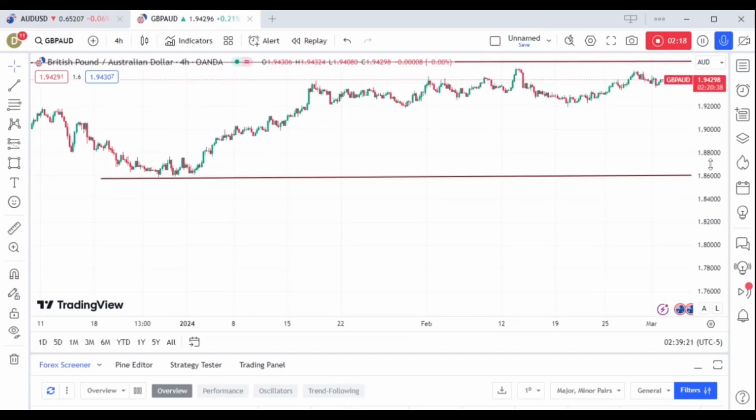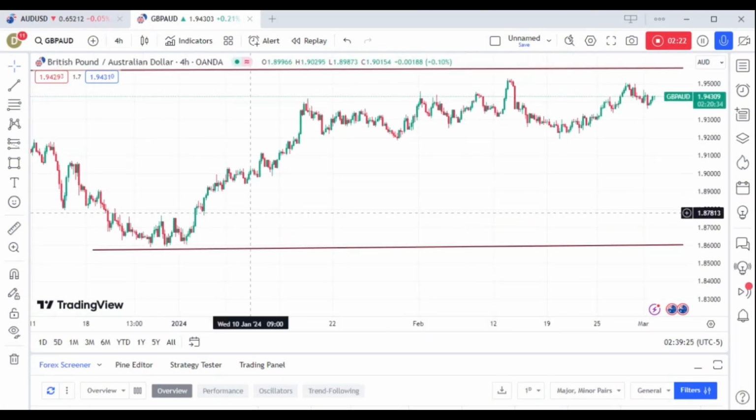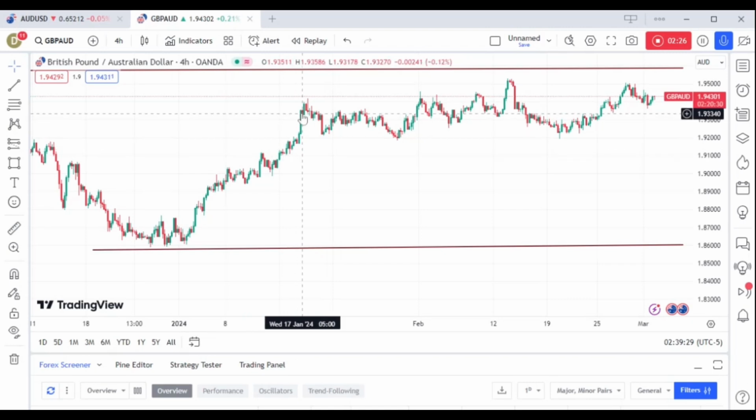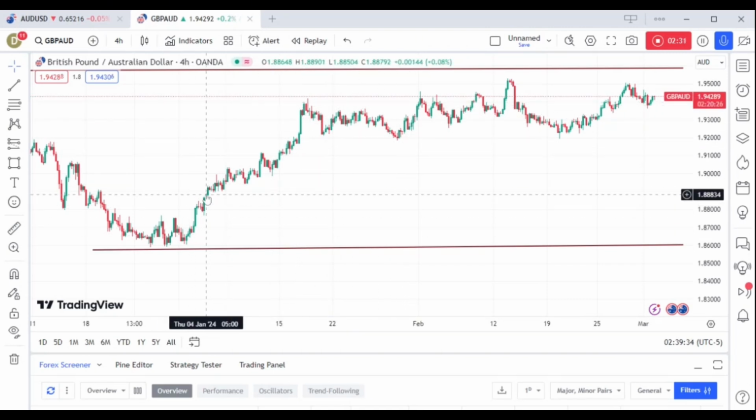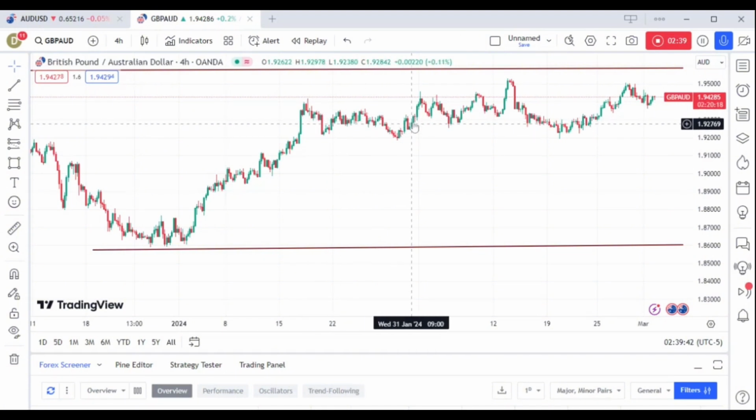Now, on the 4 hour time frame here, we can clearly see that price is giving us a series of higher highs and higher lows, a series of a rally, a base, and a rally. Another one again, a rally, a base, and a rally. Now again to a rally, no, this is not a rally.